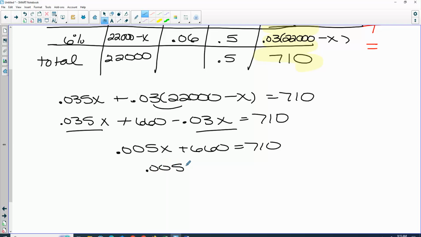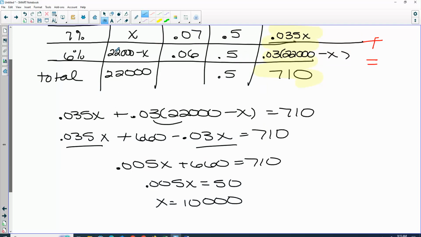Subtract over the 660. And divide. We get 10,000. So does that mean we had 10,000 at each rate? No. X is the amount at 7%.